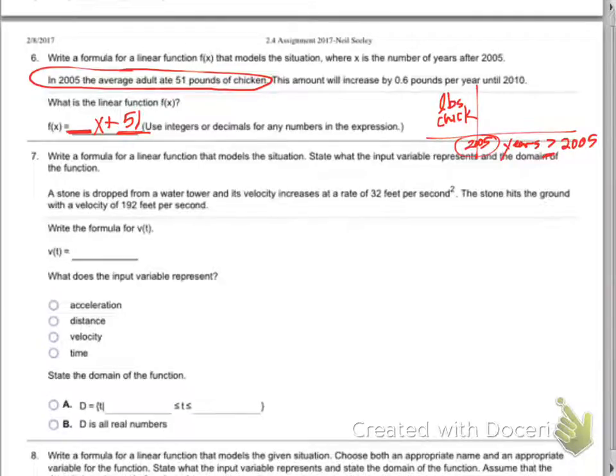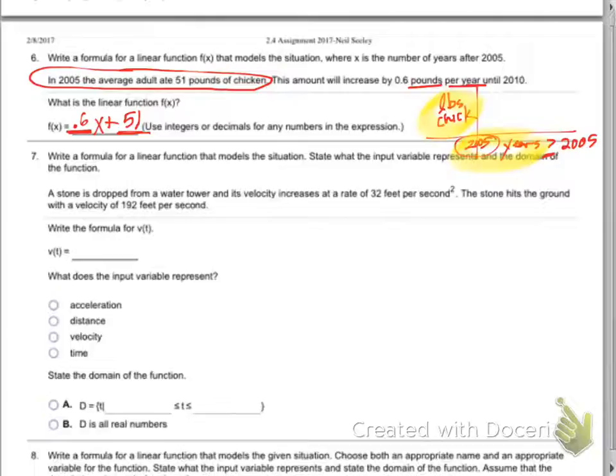It is a constant change in y per 1 unit of x, which we can see in our graph down below, where our y is pounds and our x is years. So pounds per year. Definitely a slope measure. But slope is always just the constant rate of change that they hand you. So this is 0.6. Done. That's our equation. 0.6x plus 51 is the model for this, where we start with 51 and you get 0.6 of a pound of chicken per year as the consumption increases.